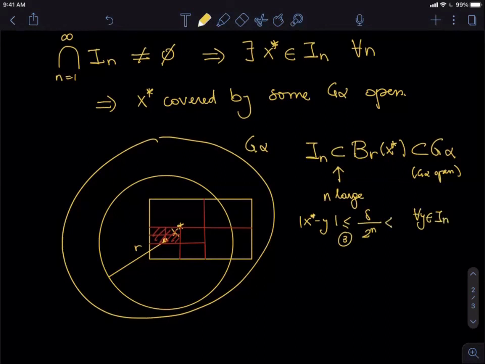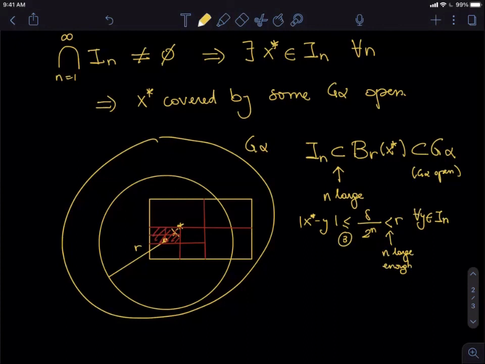But I know that delta divided by 2 to the n is less than R for n large enough. We just need to keep dividing and dividing and dividing. And this is true because R is Archimedean.